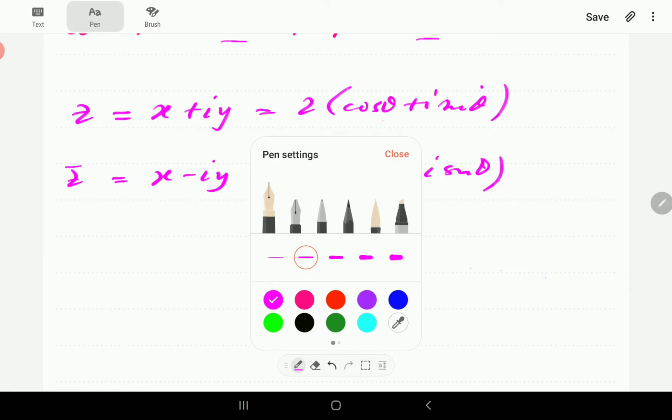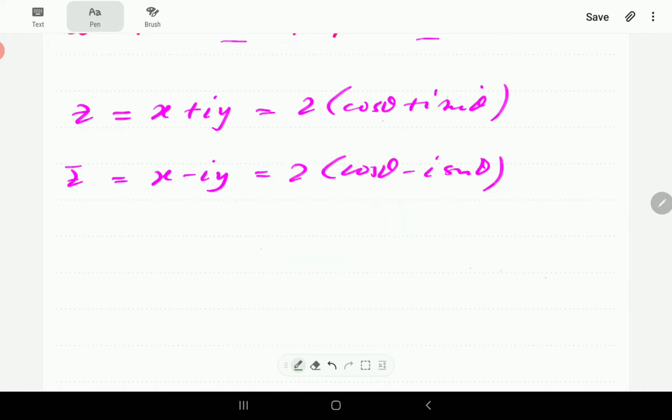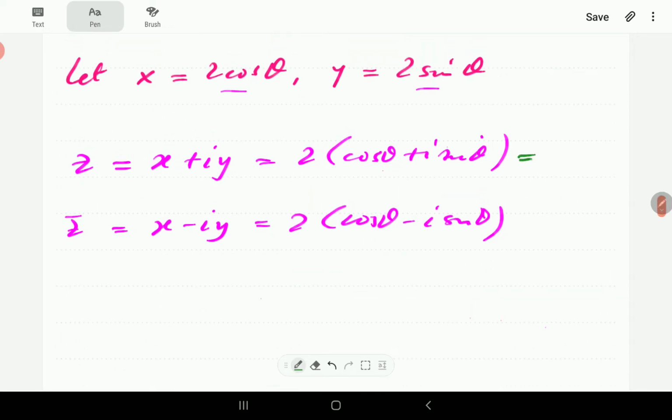But if we express this using Euler's formula, this becomes 2e to the i theta. Then if we were to differentiate it, instead of differentiating two functions, we just have to differentiate one function. It's the same thing if we were to differentiate this one. This one, by the way, becomes 2e to the minus i theta. So that's what happens when you take the complex conjugate.